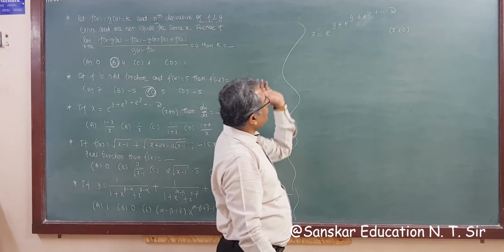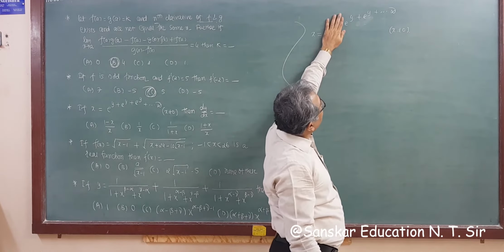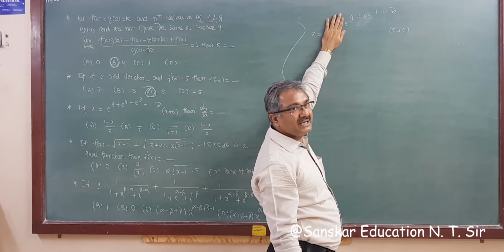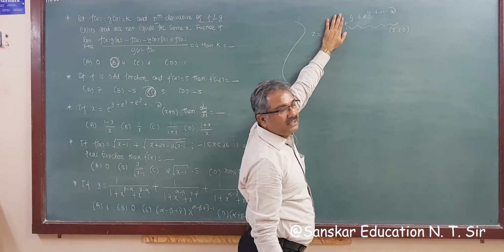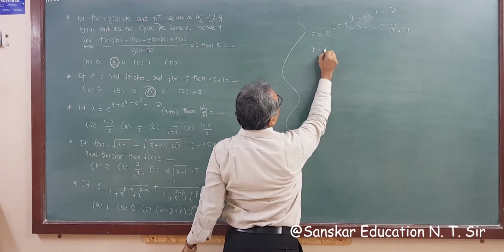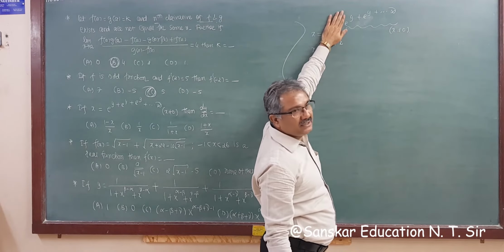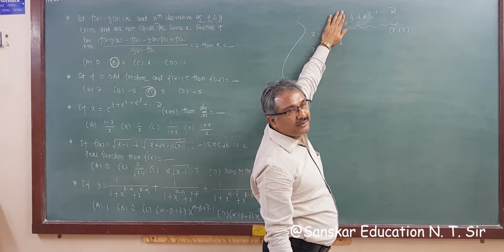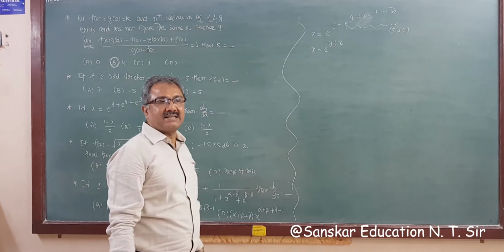Now see here, suppose this first term is not there, then what is this? This is again x. So all these terms are again x. That is, x is equal to e^(y+x).